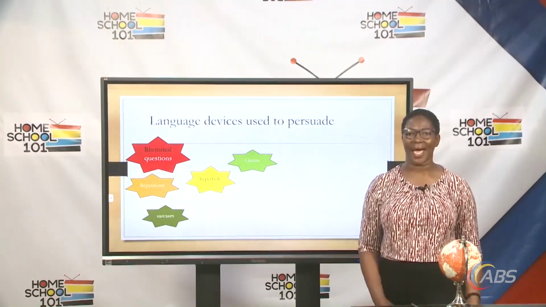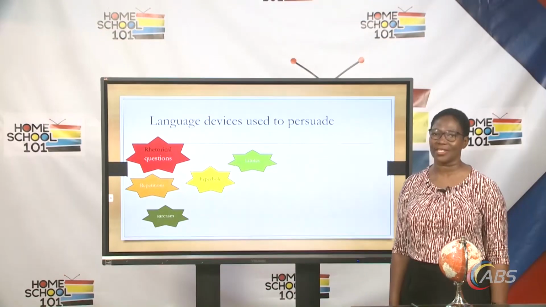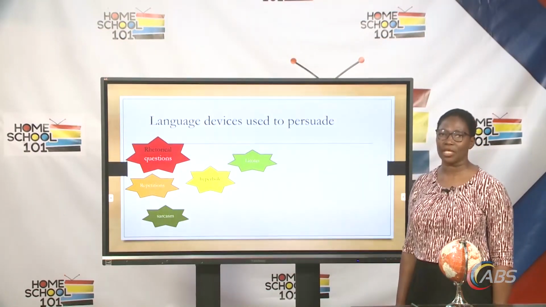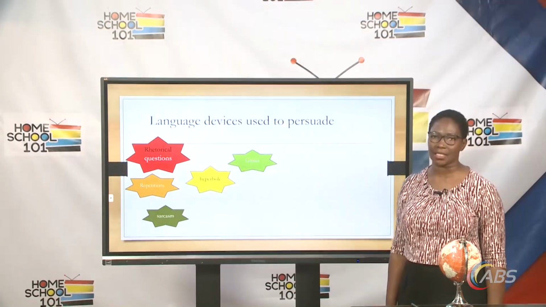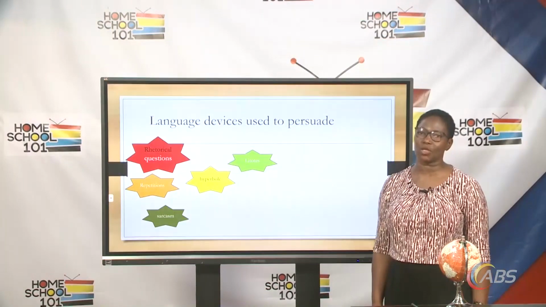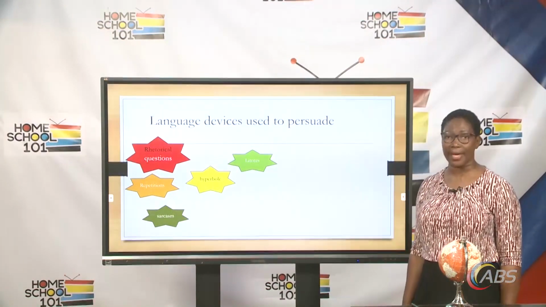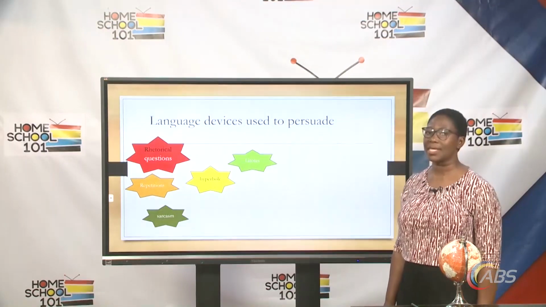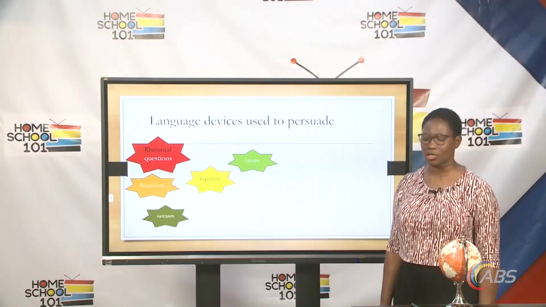So the tone and the context of the utterance are very, very important. So when you're reading a passage, an argument, you have to pay attention to the context of the statement, the entire context, the entire passage, and what the writer is writing about before you decide whether a particular statement is an example of sarcasm or not.